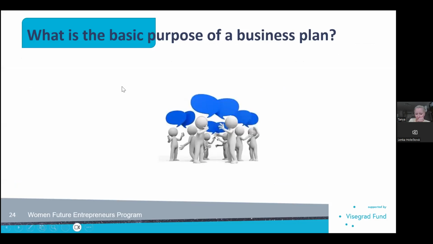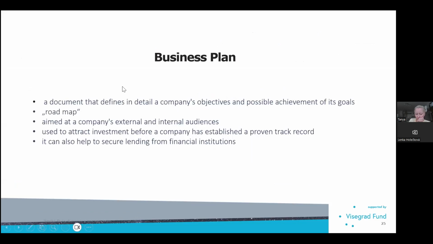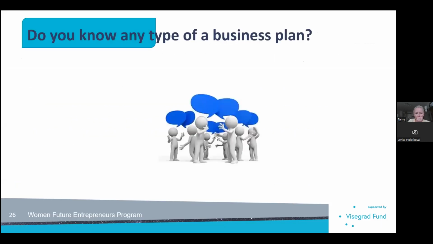It's relatively useful because, yes, we know that it's our roadmap that helps us to reach our business goals. And we introduced a few possible forms of a business plan.